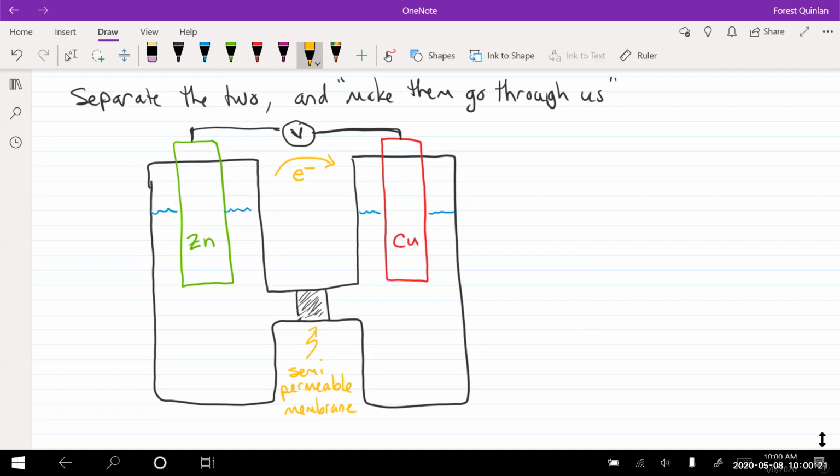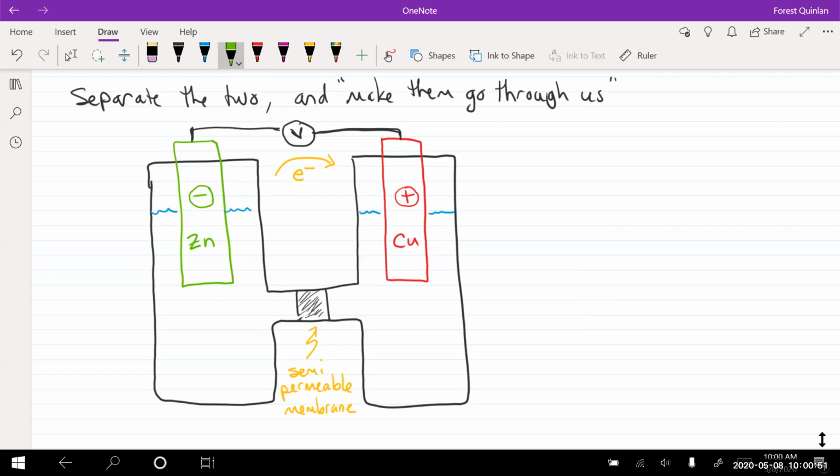It cannot be any other way. It just is. So if these electrons are heading over to that copper, there must be some sort of attractiveness to that. And that attractiveness is the fact that the copper would be our positive electrode. Which means if the copper is positive, then the zinc is negative.